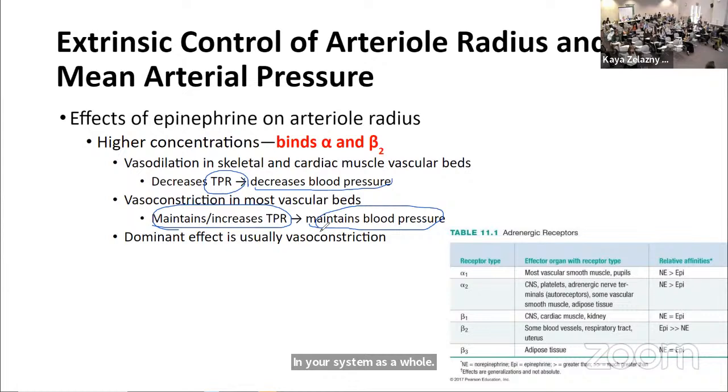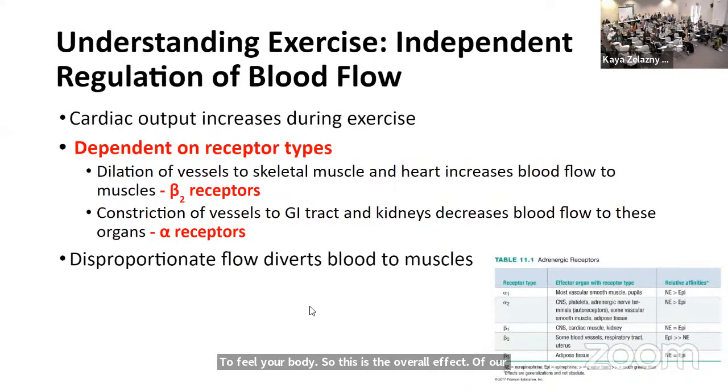So if you start to run away, you don't want to get super lightheaded and pass out, right? So you do want to maintain that blood pressure, but you do need that vasodilation to start so that you can get blood to your muscles and your heart to fuel your body. Okay, so this is the overall effect of our sympathetic nervous system on our body.